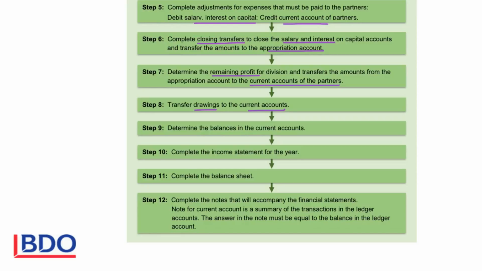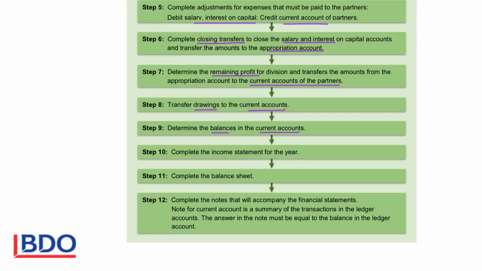And if we then balance the current account, it means that we can determine what is the outstanding amount at the end of the year that the partners are still allowed to withdraw out of the business that they're entitled to. And if it's a debit balance brought down, it means that this partner took more money than he was entitled to, so he actually owes money to the partnership.